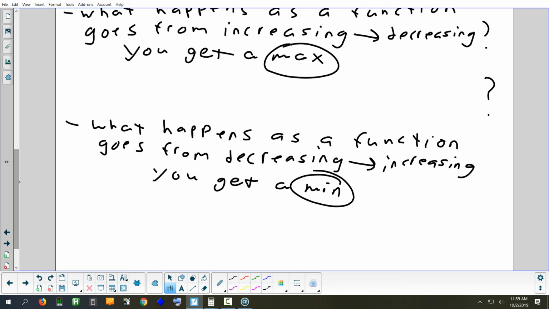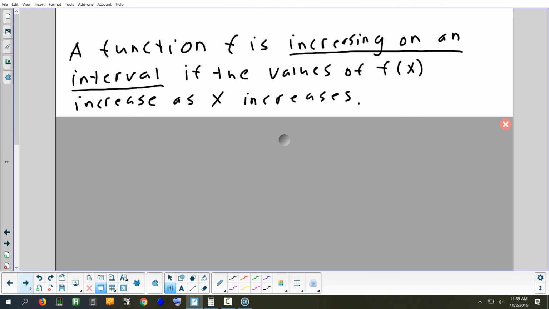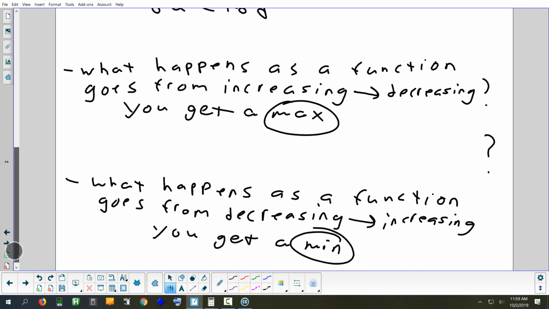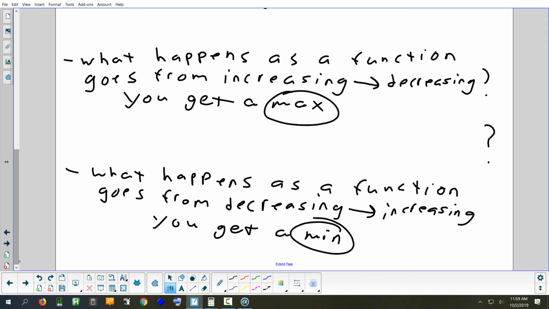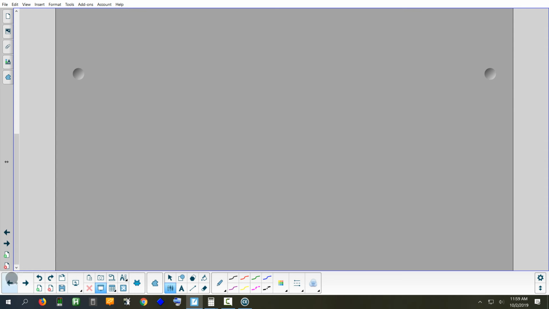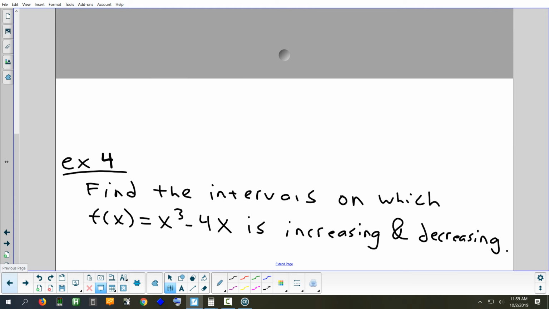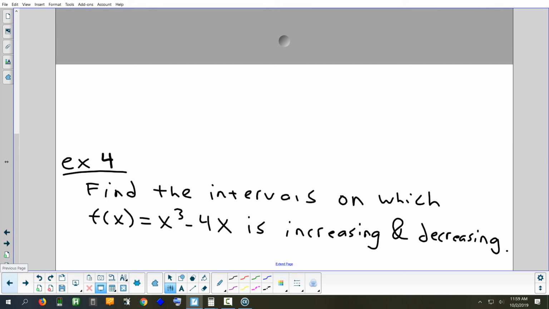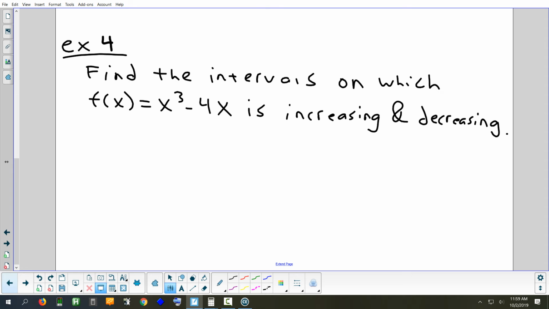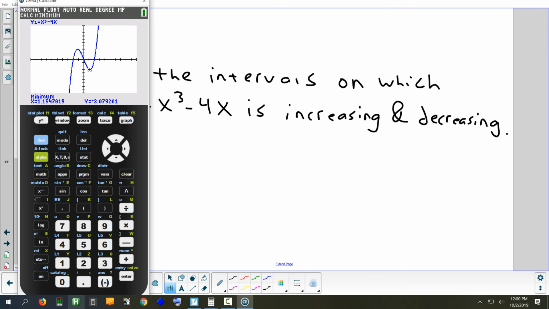I'm actually going to use the same graph we already used. Questions on that idea? Okay, let's try our last example. Find the intervals on which x cubed minus 4x is increasing and decreasing. That's the graph I have on the screen already.